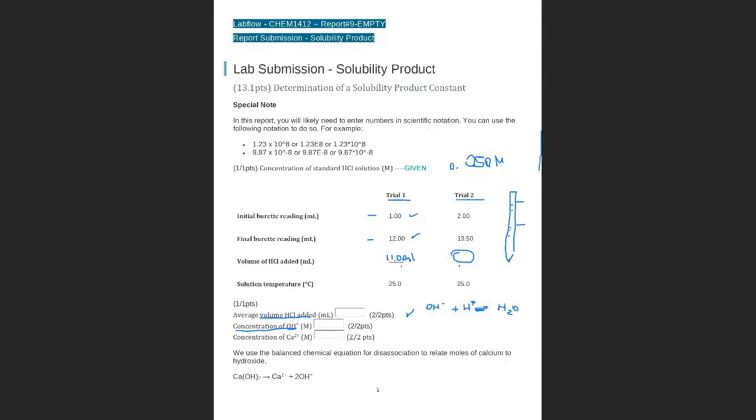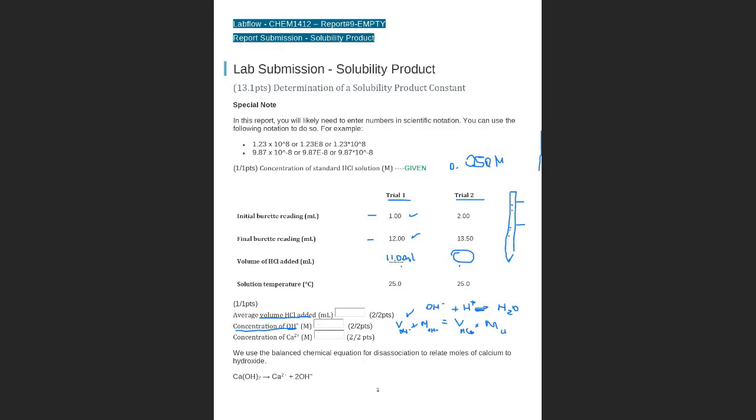So the volume of the hydroxide times the molarity, in this case it's 1:1, is going to be the volume of the hydrochloric acid times the molarity of the hydrochloric acid.